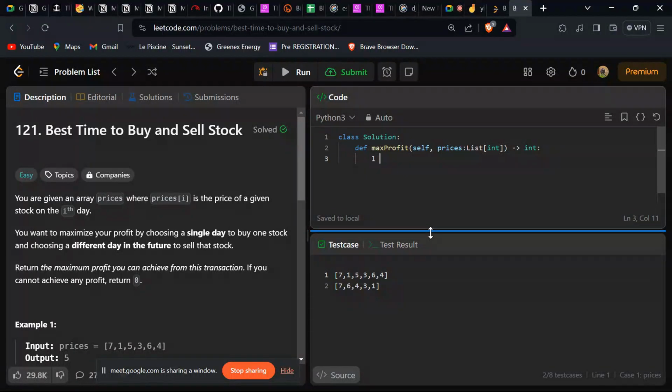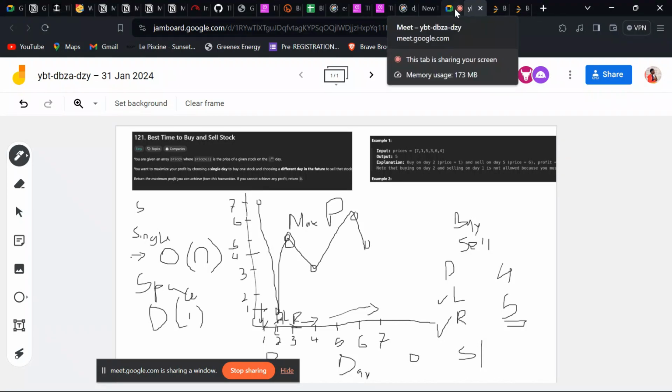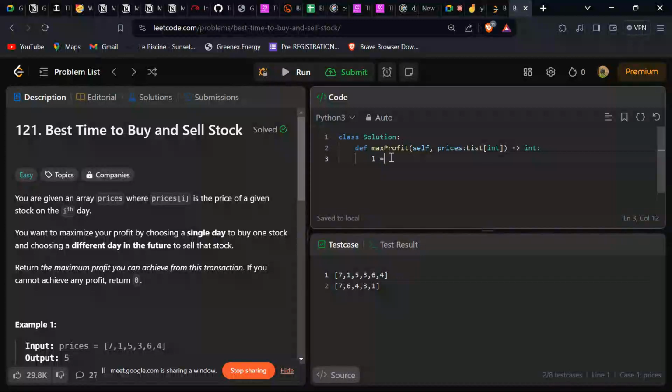Like I said, we are initializing, and sorry about something here. I was supposed to tell you, we are initializing left at 0 and right at 1. We do not initialize both of them at 0, which is sometimes the normal practice with the 2 pointers. So we initialize left to 0 and right to 1, and then we also initialize the maximum profit.